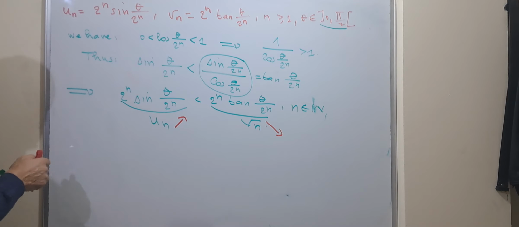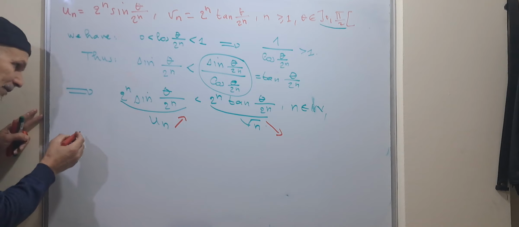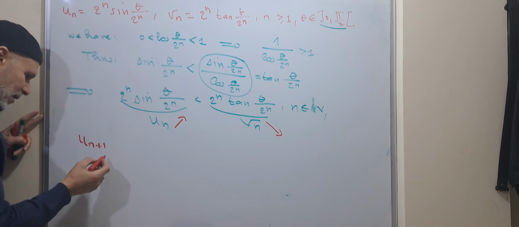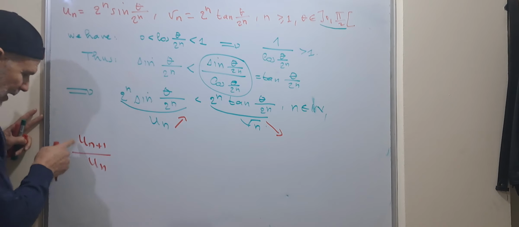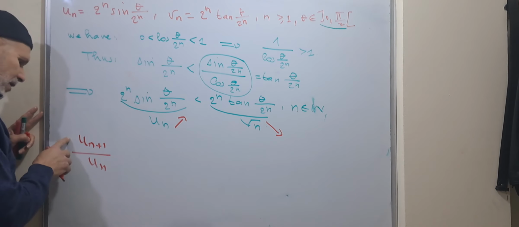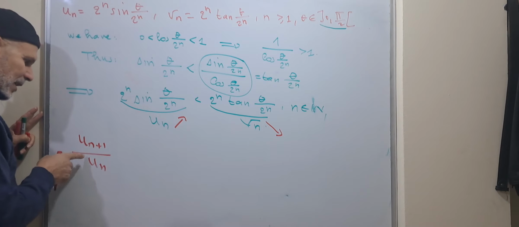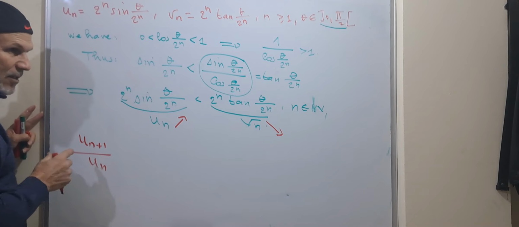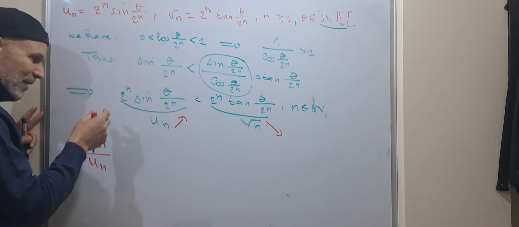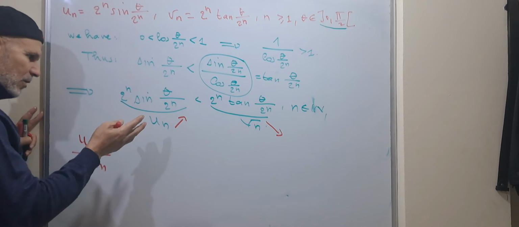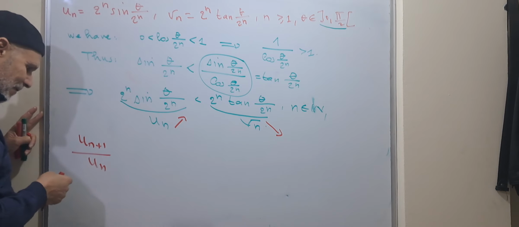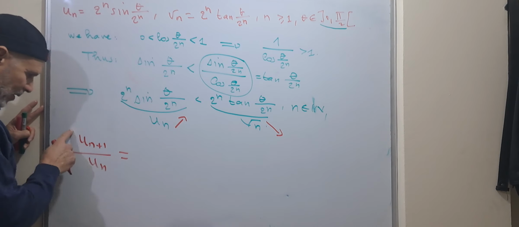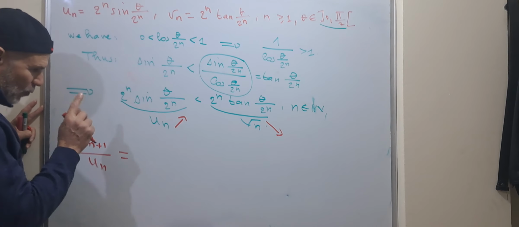We will start with u_n. u_{n+1} over u_n. Why do I use the ratio instead of the difference? Because our sequence is of multiplicative form and it is positive for all n. So we will use this technique, and we compare this fraction with 1.